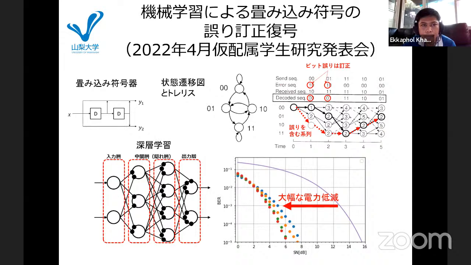And they also got a good result, much better than Mr. Inaba's outcome. Mr. Inaba only has 2 dB gain, but the new students, for convolutional coded signals, showed more than 5 dB coding gain by introducing deep learning to decode this convolutional coding.